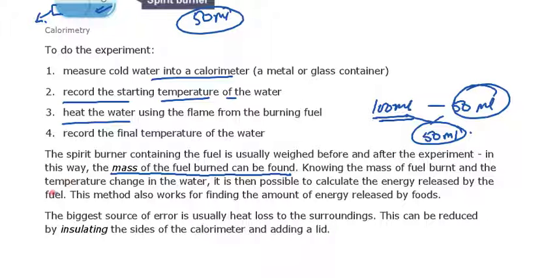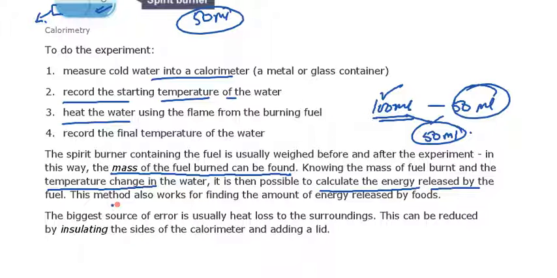Then you have the reading of the temperature range, before the reaction starts and after the reaction. With the help of these readings, we can easily calculate how much energy is released by the fuel after burning.